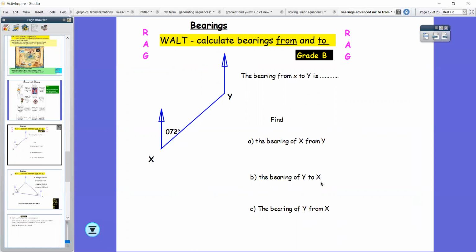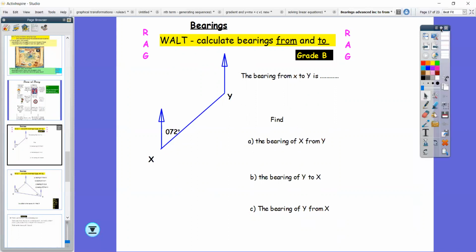By using, obviously, the bearing of y to x, we're looking at this reflex angle. Let's get this pen working again. Okay, so we're looking at y to x, we want that angle there. This is where you bring in the angle facts information.